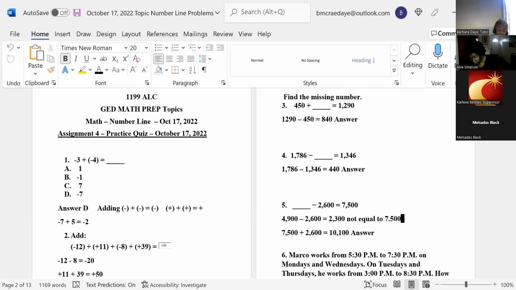When you subtract it, you get 2,300, and that's not equal to what you're supposed to get here, 7,500. I just proved that the 10,000 is correct, because I subtract the 2,600 from it and I got 10,000. This proves your 4,900 is wrong.